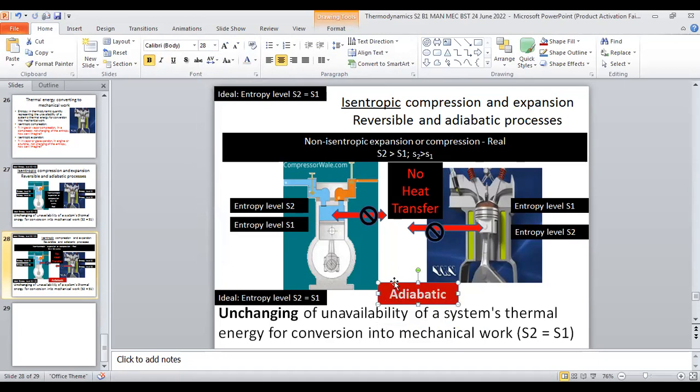So adiabatic means this compression and expansion. Those are thermodynamic processes. So these are adiabatic processes, thermodynamic processes.